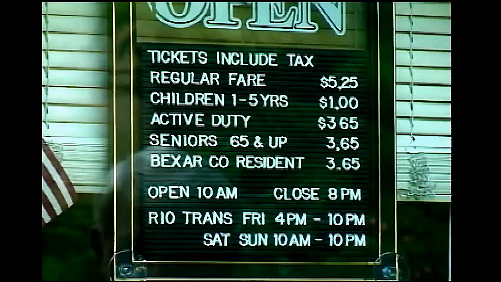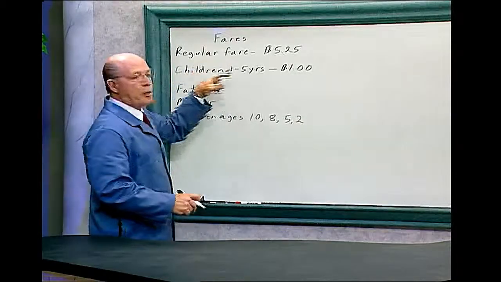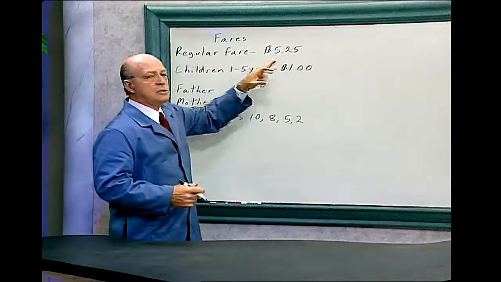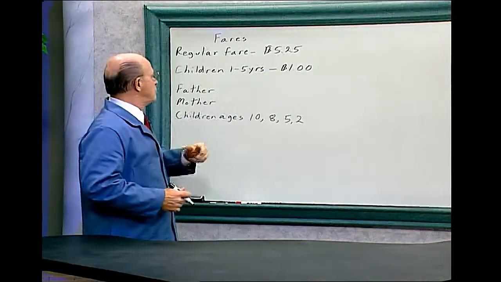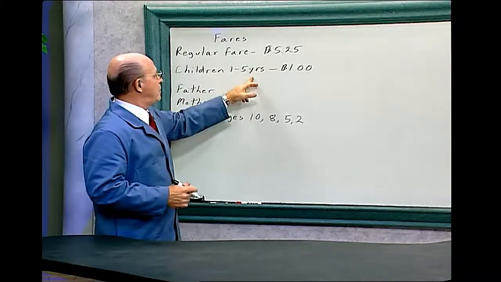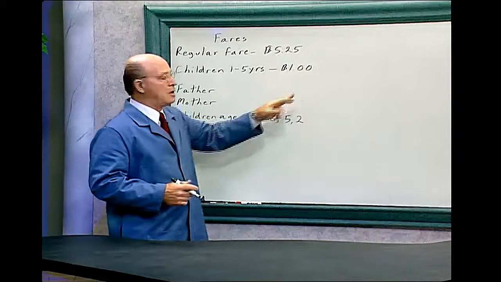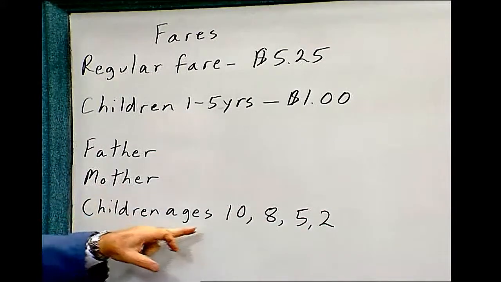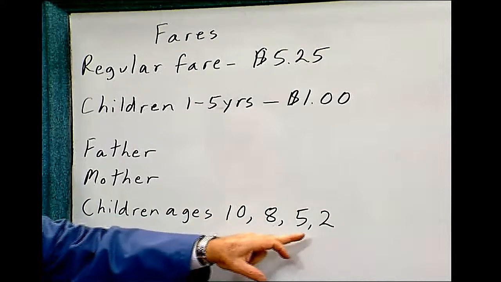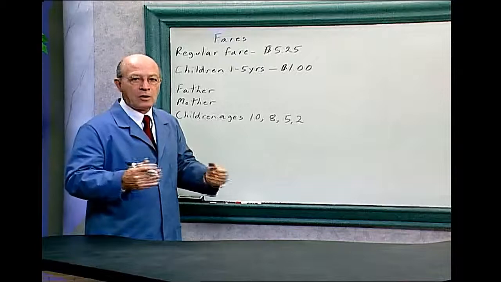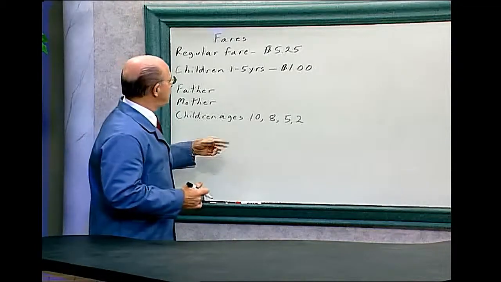Let's do the math. The regular fare for the boat ride on the Riverwalk in San Antonio costs $5.25 per passenger. Children have a reduced rate from 1 to 5 years of age, $1. If a father, mother, and children ages 10, 8, 5, and 2 went on that boat ride, how much did the fare cost? So let's figure.